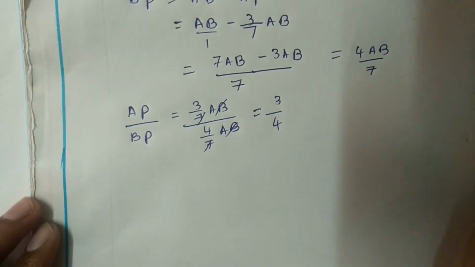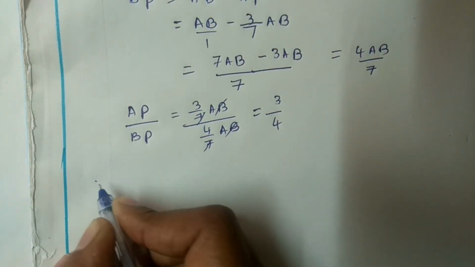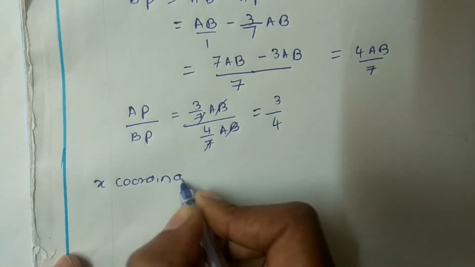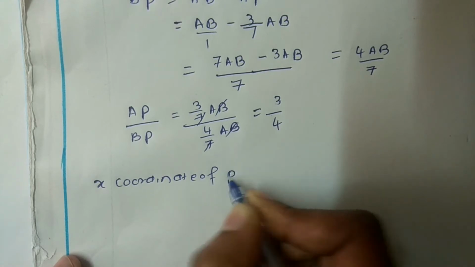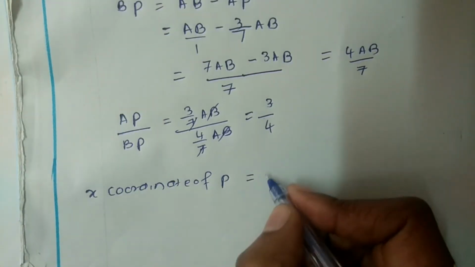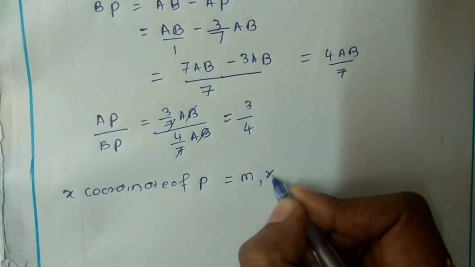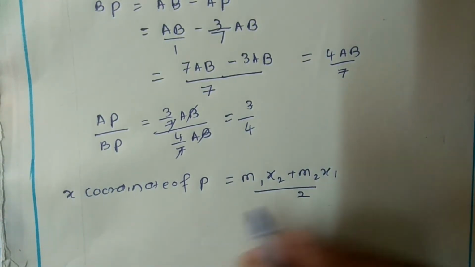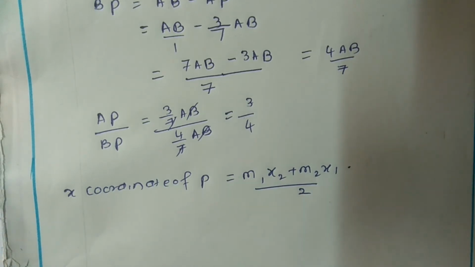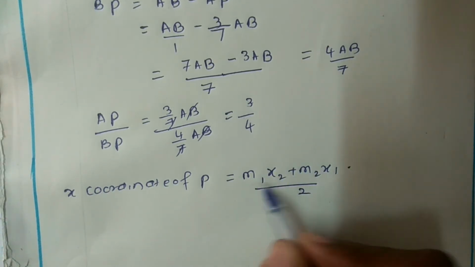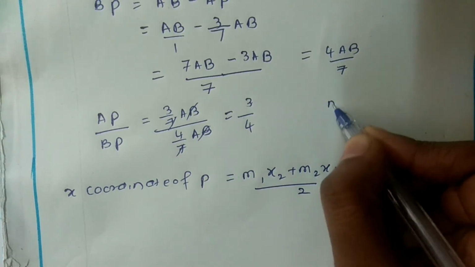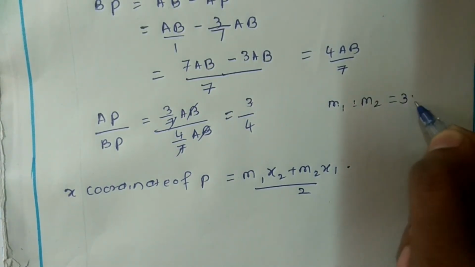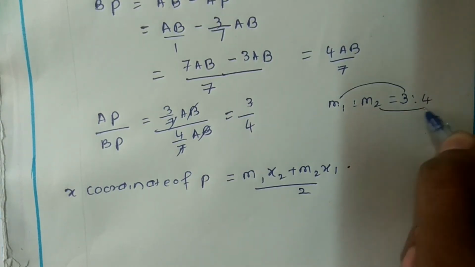For that we'll use the section formula. We'll find the x coordinate of P, which is m1 x2 plus m2 x1 divided by m1 plus m2. First we should know what m1 and m2 are: m1 is to m2 is the ratio, that is 3:4. So this is m1, this is m2.